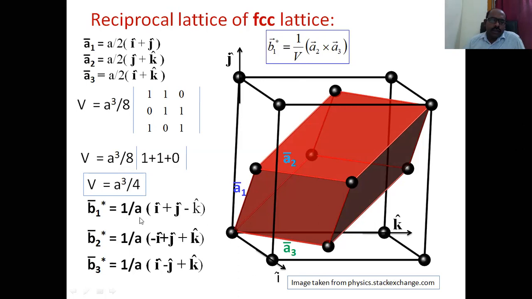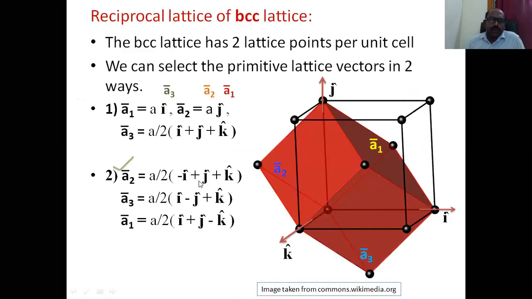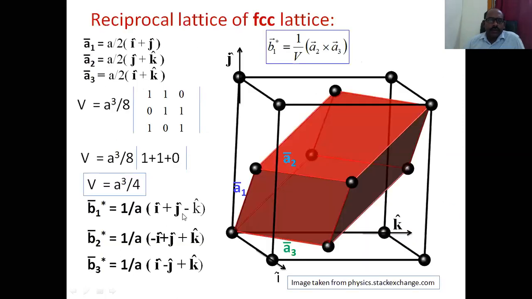We have seen a similar expression before. Here a1 is there, i plus j minus k, here a by 2. So this vector is the same; the magnitude is different, but the vector components are the same. Here also we are getting the same.